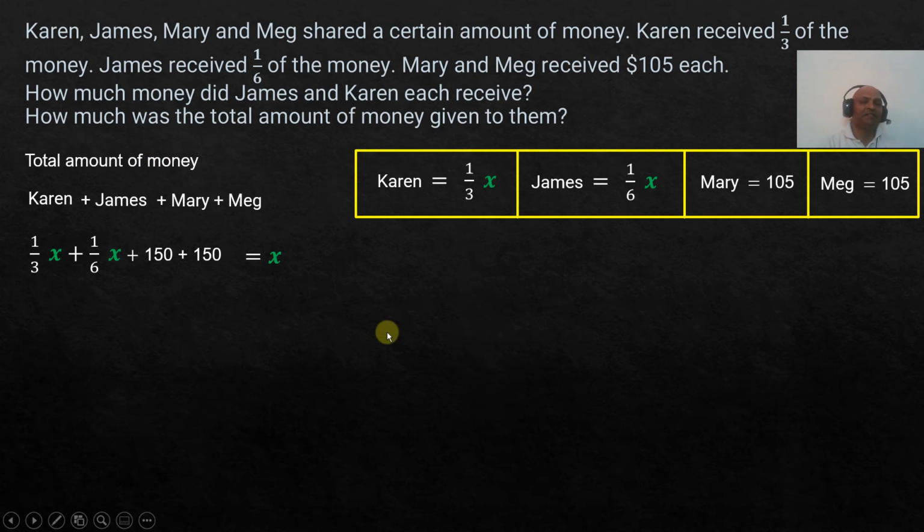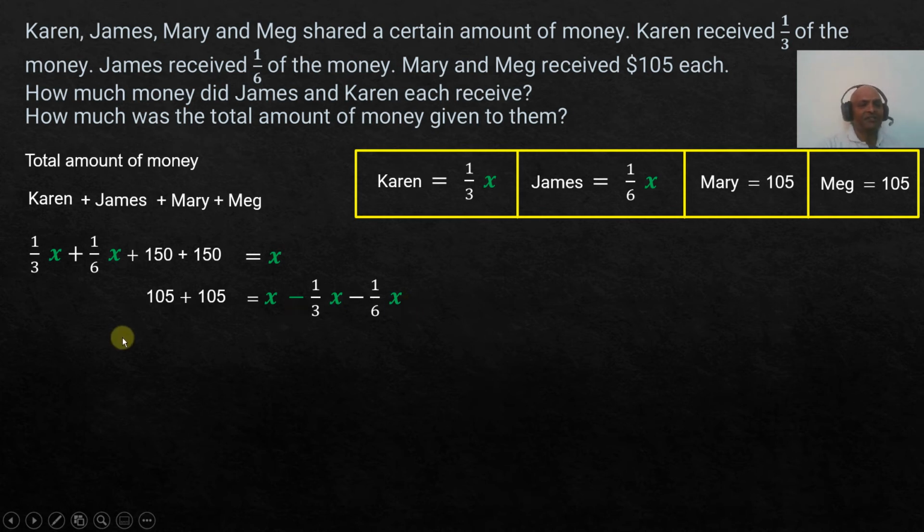So now in this case, we just got an equation and we can solve this equation. First step is to move all the X items to one side and leave the numbers on one side. So 105 plus 105 is equal to X. When you bring this over here, it's minus, so minus 1/3x minus 1/6x.